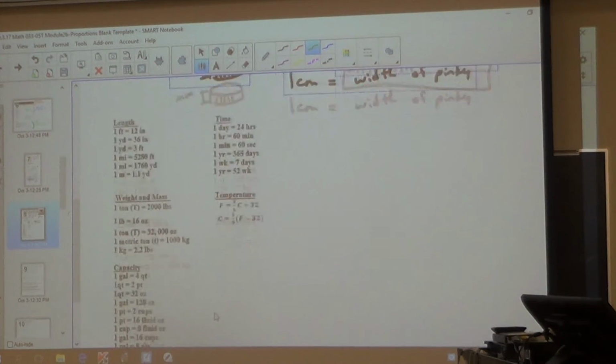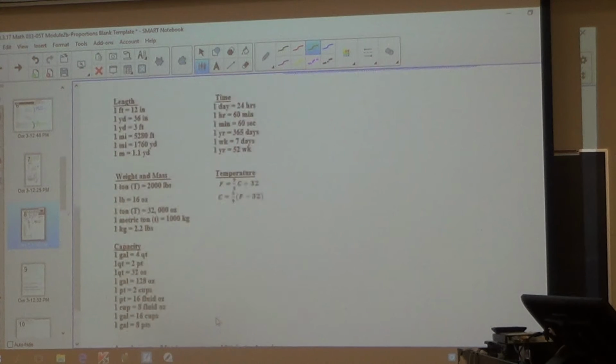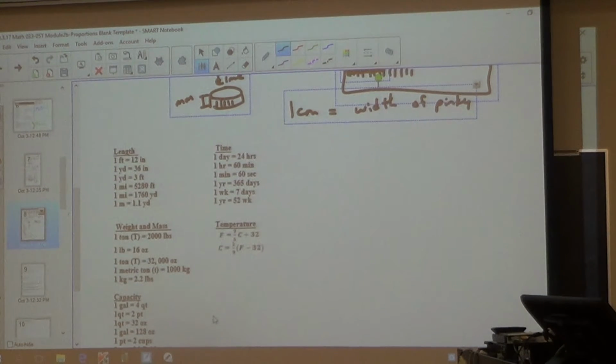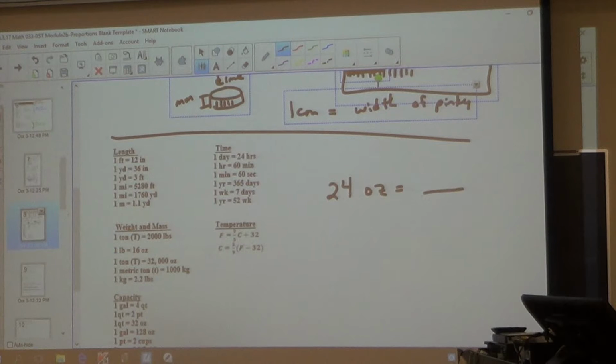So this is called the King Henry. Now, your other method is for when, let's say, I want to convert 24 ounces into pounds. If it's not meter, liter, or gram, you can't do King Henry. King Henry is only for meters, liters, and grams.